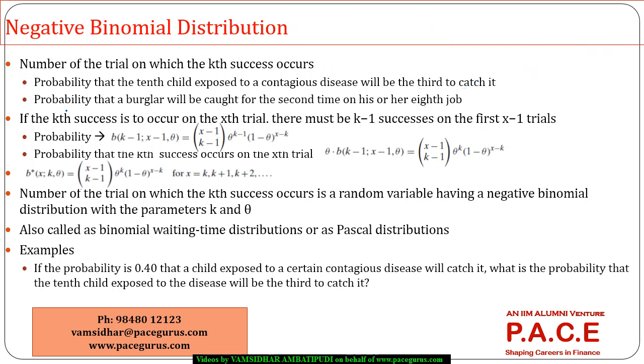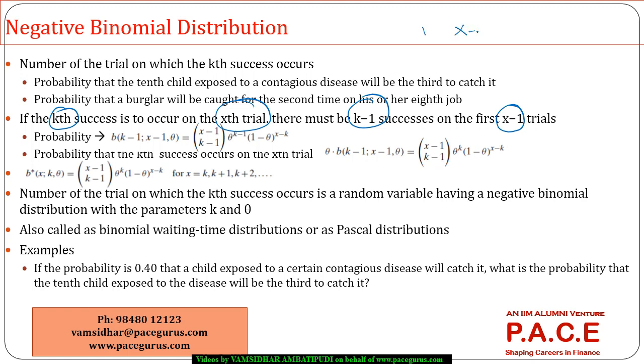So in general, the definition of the negative binomial is that I am looking at the kth success on the xth trial. Obviously, k minus 1 successes should have come by x minus 1 trials. So this is where we will use a binomial distribution.